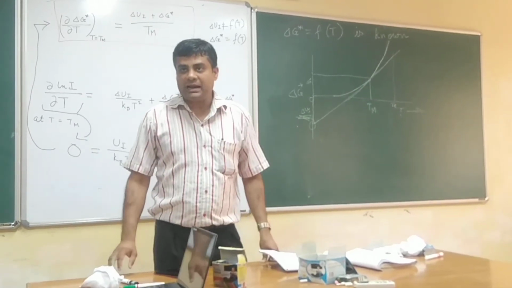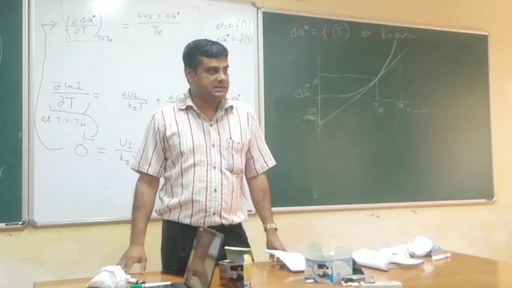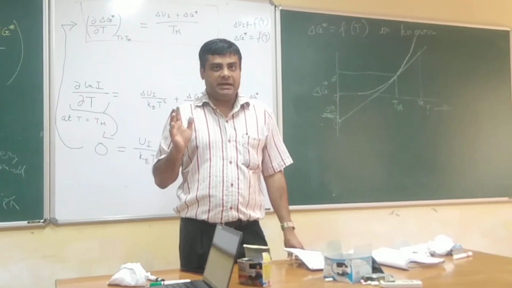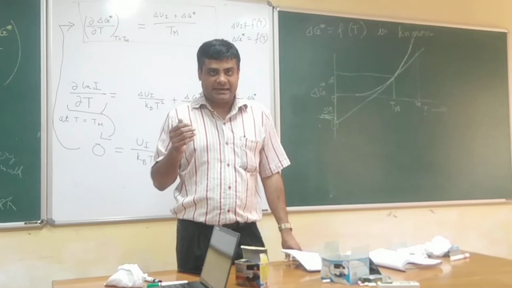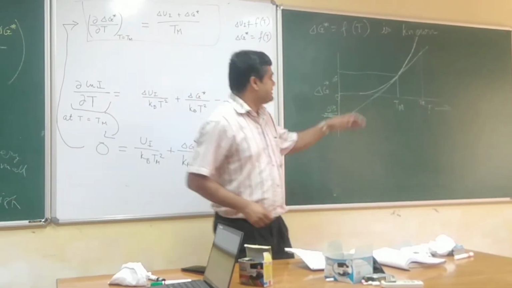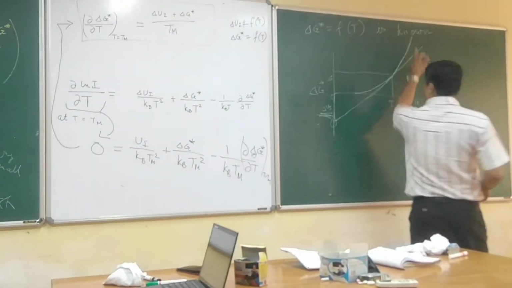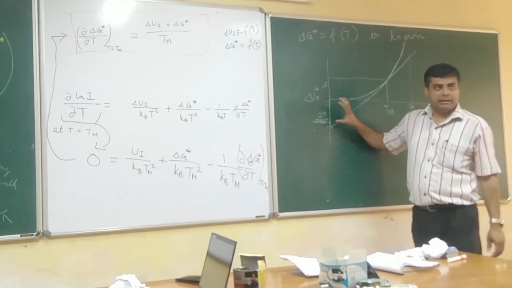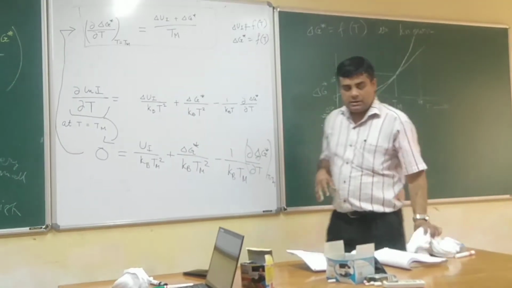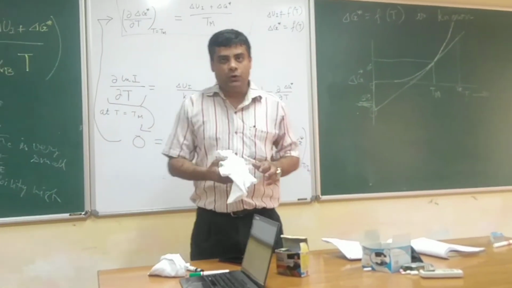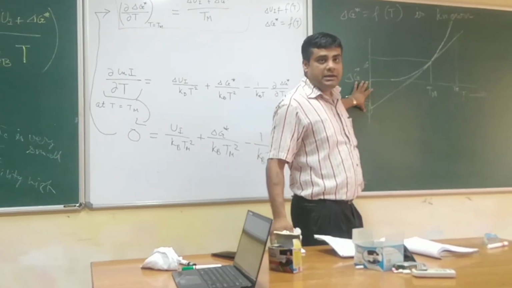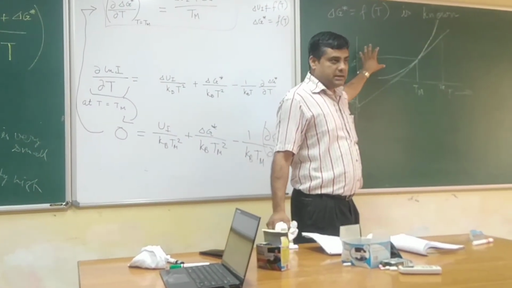the temperature at which nucleation rate becomes maximum, if you know how your activation barrier for nucleation, delta G star, varies with temperature, that curve, and if you know your delta Ui value beforehand. Now the question is how to know experimentally these values, delta Ui or delta G star.